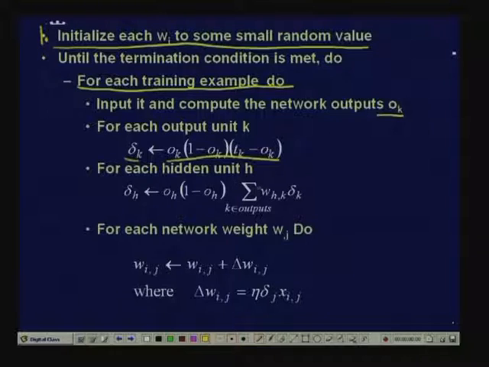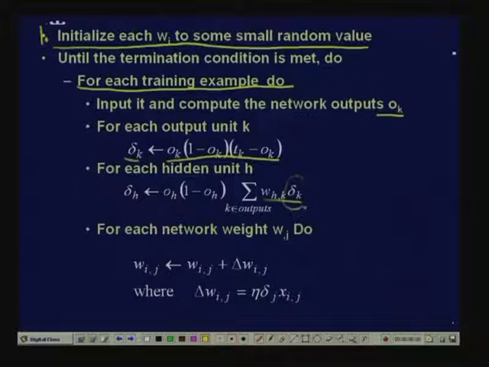For each hidden unit h, we compute delta h to be Oh times (1 minus Oh) times sigma whk delta k. So, you see that each hidden unit takes the burden of the sum of the error at each of the output units to which it is connected.